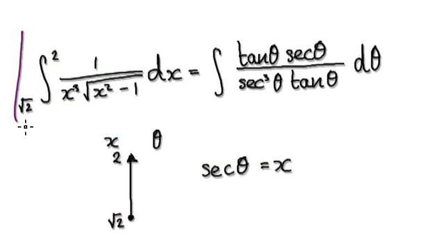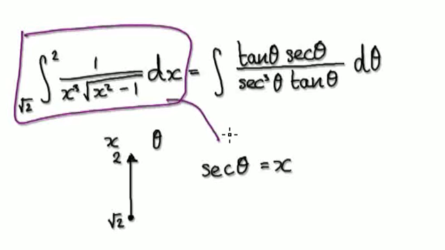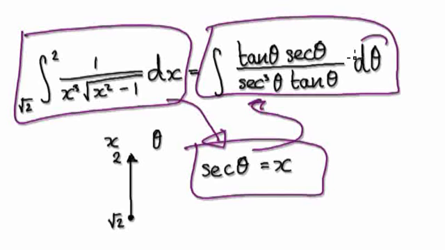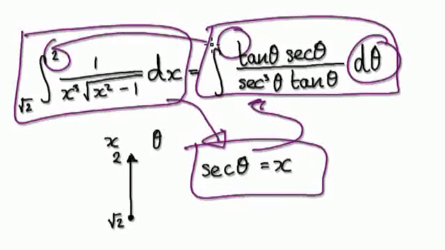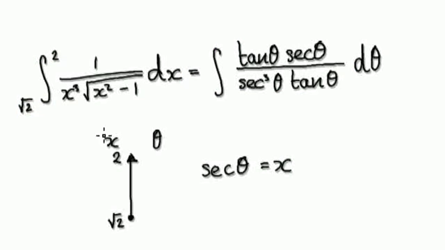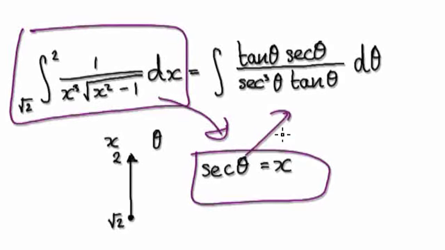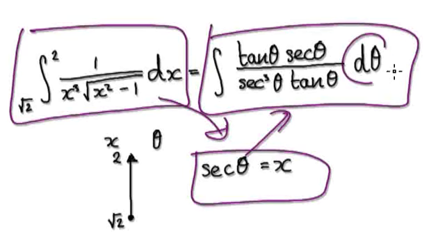But once we've made our substitution, we are now in the d theta realm. So we need to translate this, and we need to translate this. So we are currently in this world here. Make our substitution. That will then take us into the d theta realm.